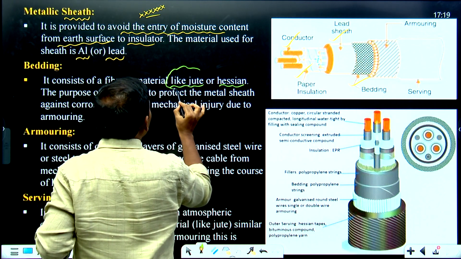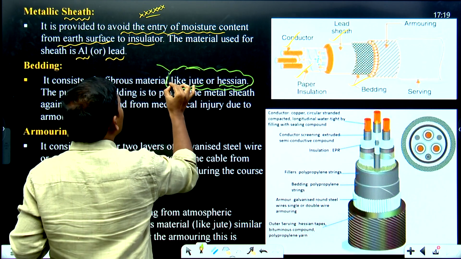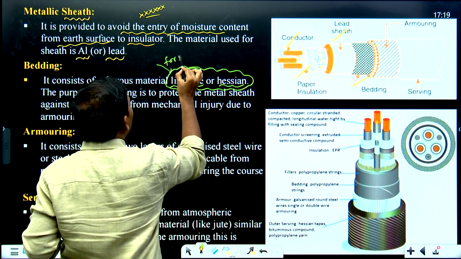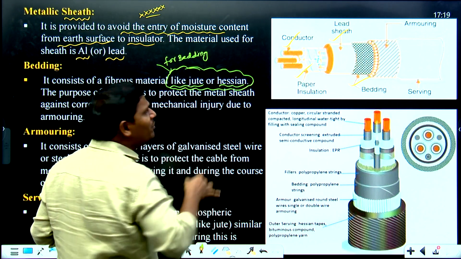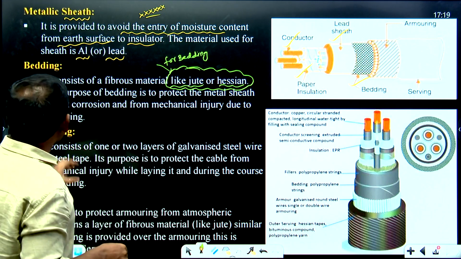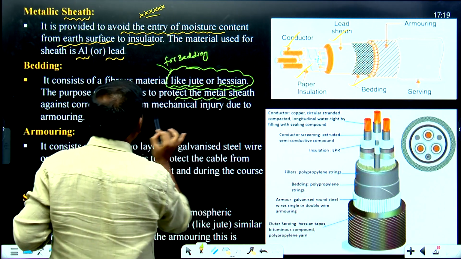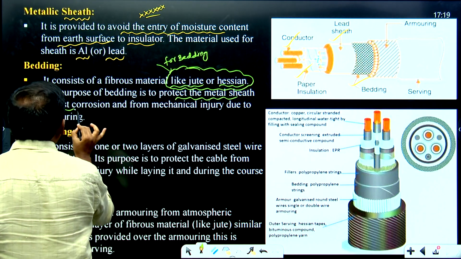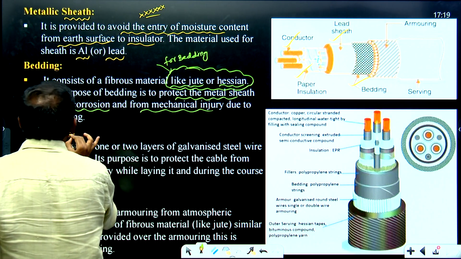What is the material used for the bedding? For bedding we are using either jute or hessian material, friends. Then what is the function of the bedding? The purpose of bedding is to protect the metal sheath against corrosion and from mechanical injury due to armoring.